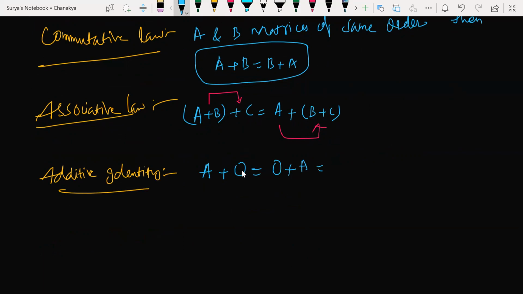Null matrix. Now I have a matrix A with order m by n. What is the order of the 0 matrix here? m by n only. You understand my point? So here A matrix plus null matrix is equal to null matrix plus A matrix, which gives you A only.